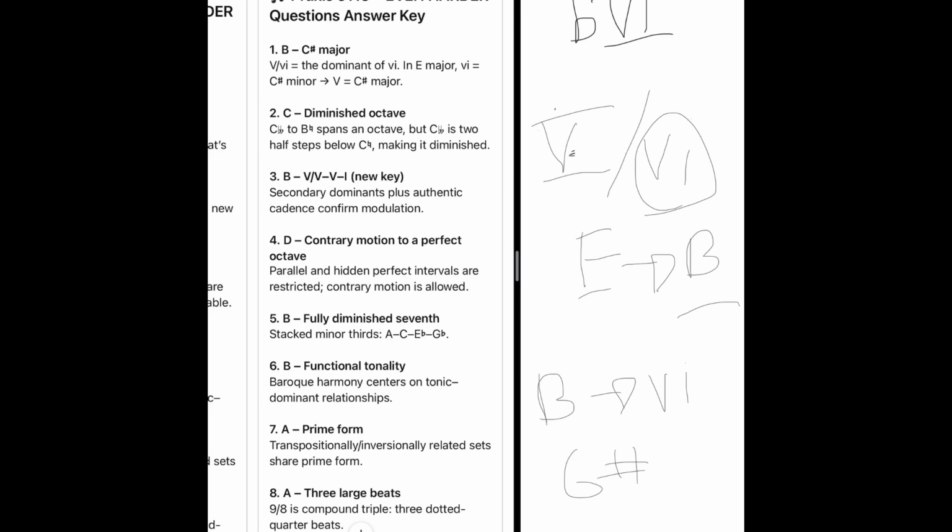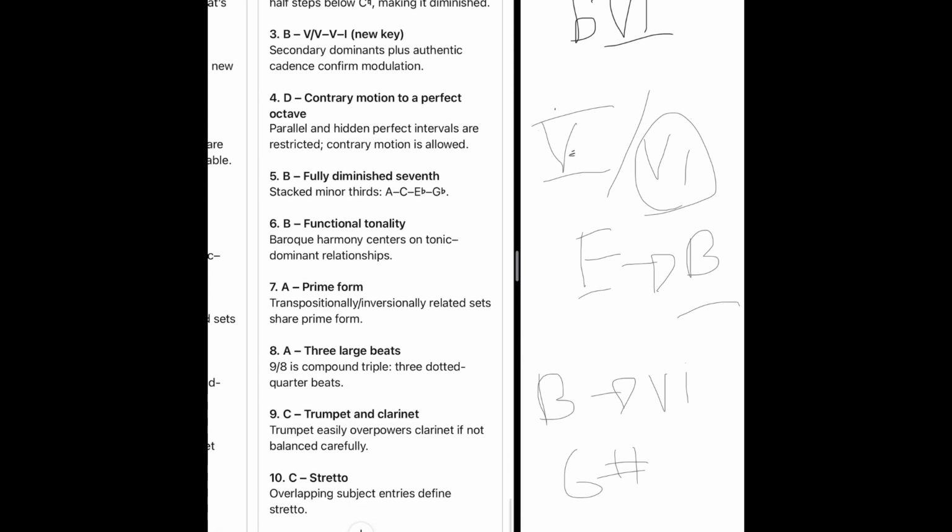Oh wait. Okay, how's it that one? Okay, that's my question. How did it come to that question? The dominant of... Yeah. I'm gonna have to re-look over. Diminished octave. Okay, that's another one I have to see. A new key, secondary dominant persistent. Okay, yeah, that was right.